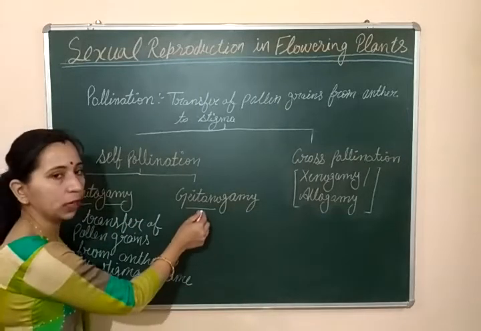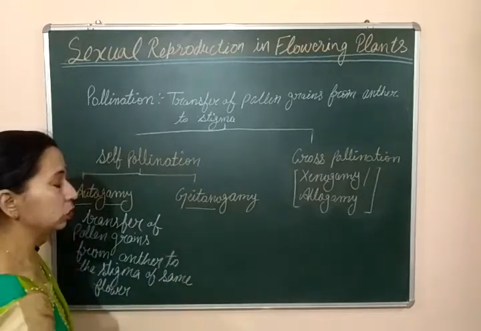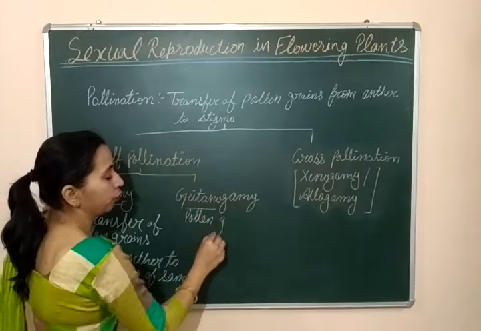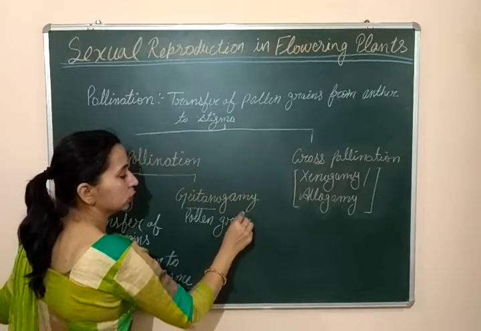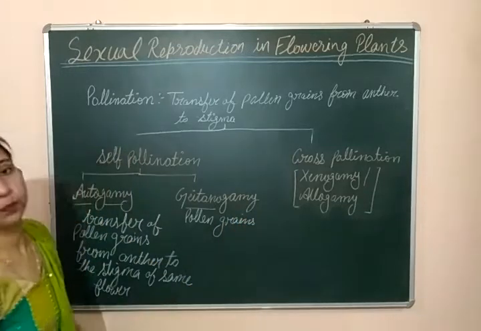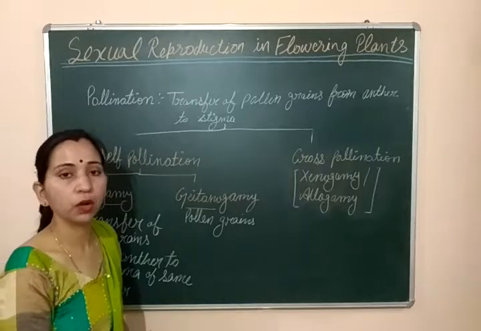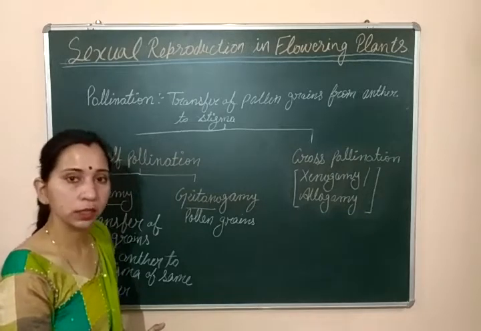And the second type, that is geitonogamy, the transfer of pollen grains is done from the anther of one flower to the stigma of another flower, but the plant is same.